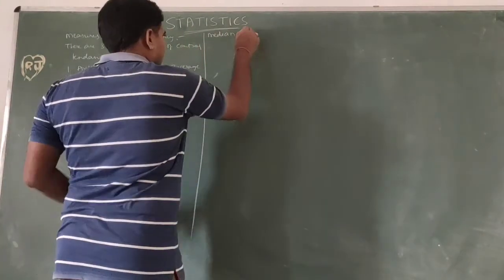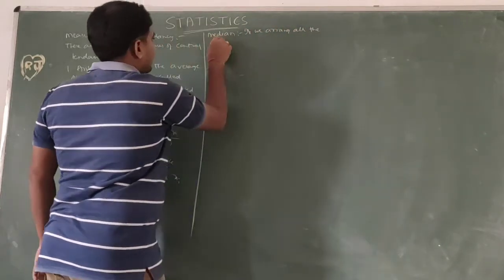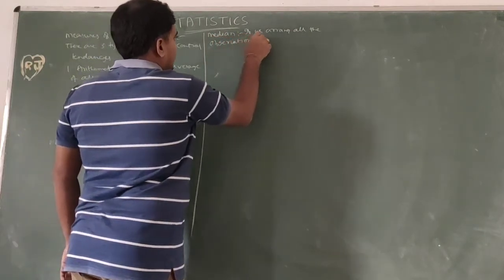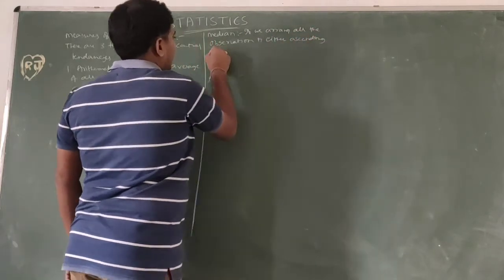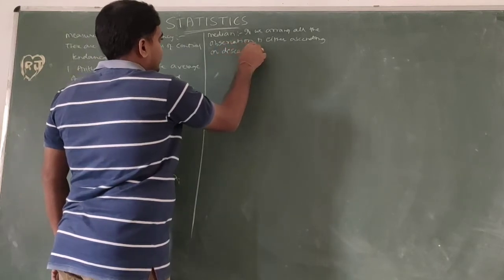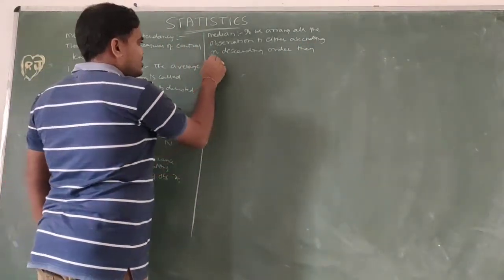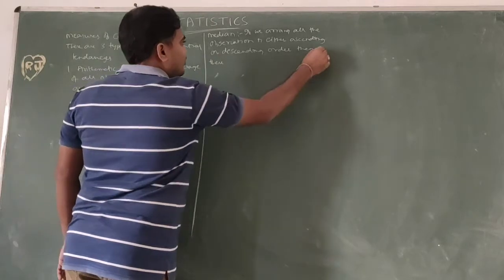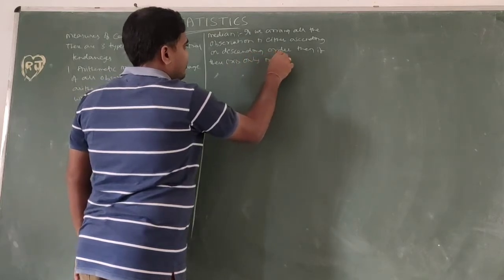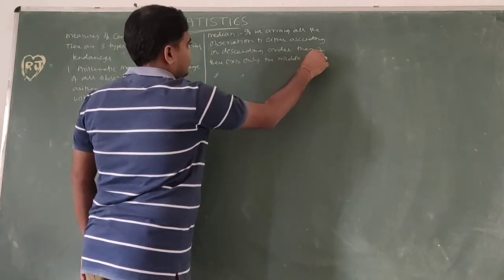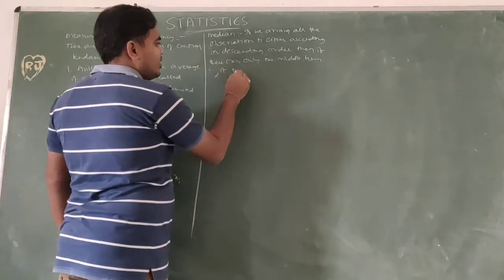So if we arrange all the observations in either ascending or descending order, then if there exists only one middle term, it is the median.